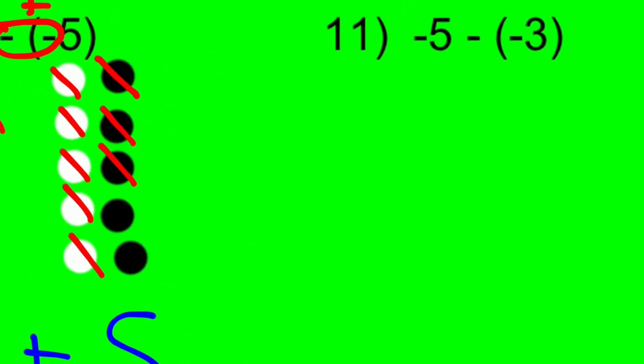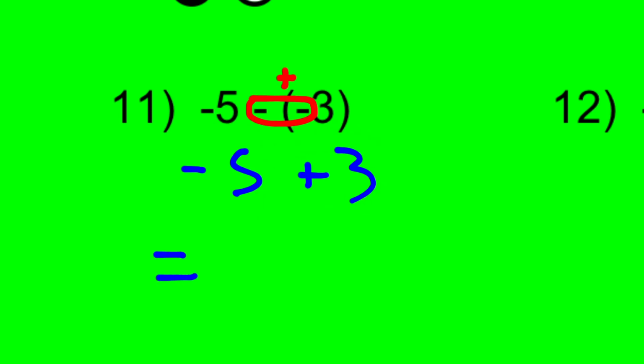Let's look at these last two with just that idea. Subtracting a negative is the same as adding a positive. So this question is really like negative 5 and positive 3. The signs are different. I have a negative 5, I have a positive 3, so I subtract them. And since I have more negatives, the answer is negative. That's negative 2.